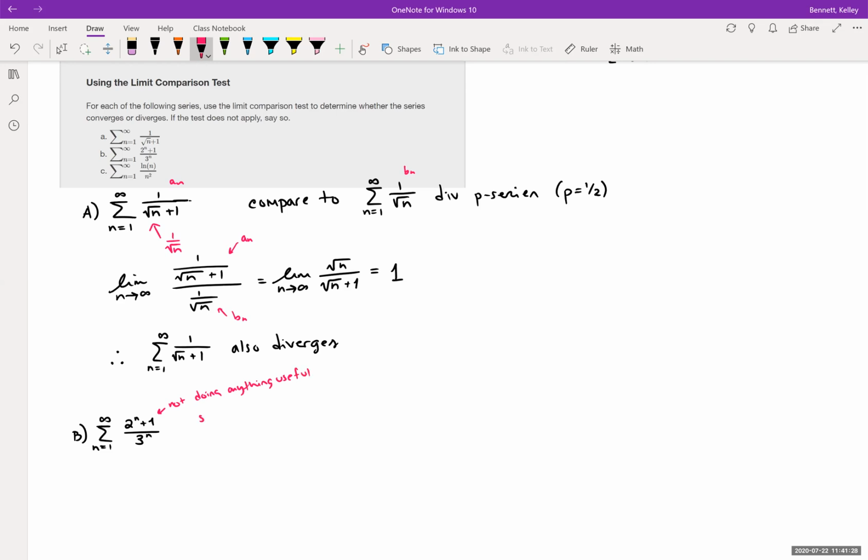So just consider the parts that are actually contributing to the behavior of this series, which are really 2 to the n over 3 to the n. So this to me looks geometric, so let's compare to this geometric series, which I know converges.